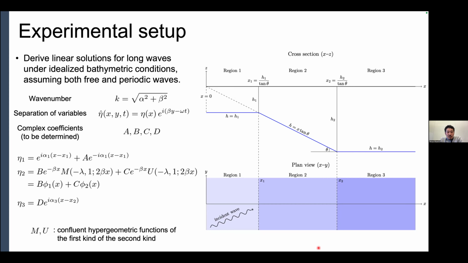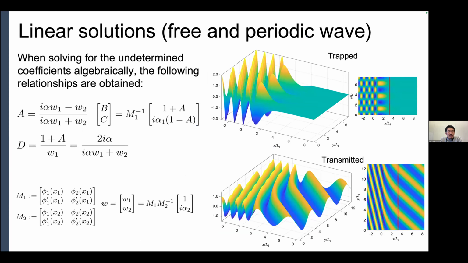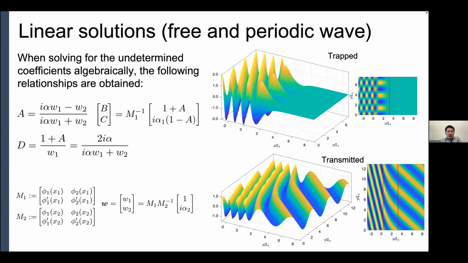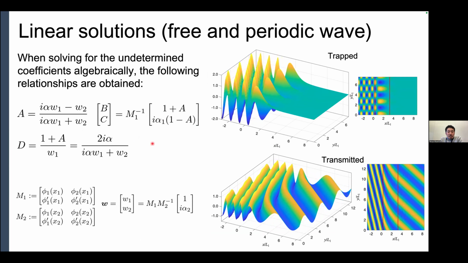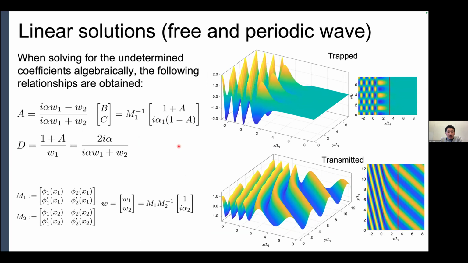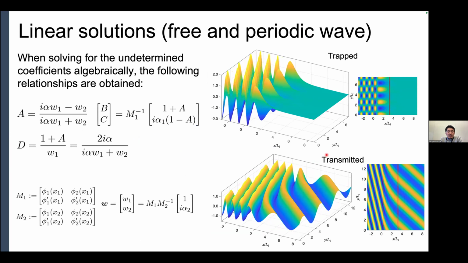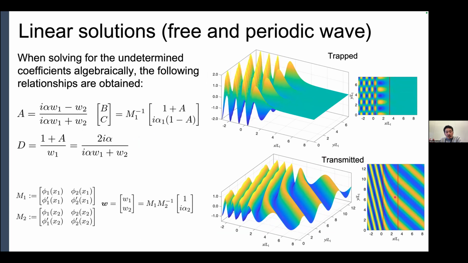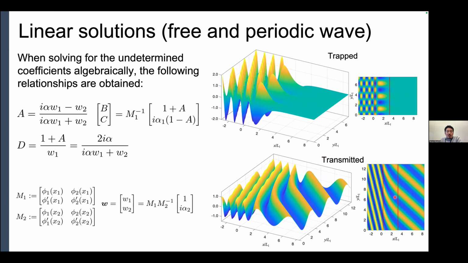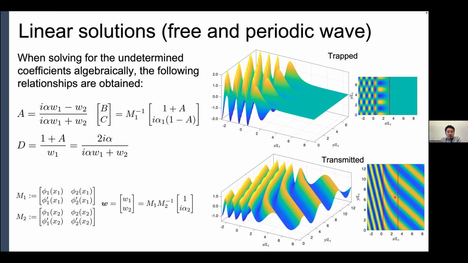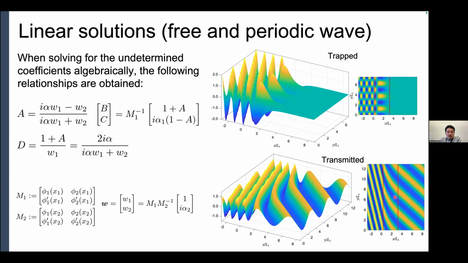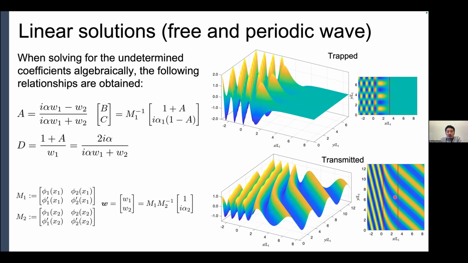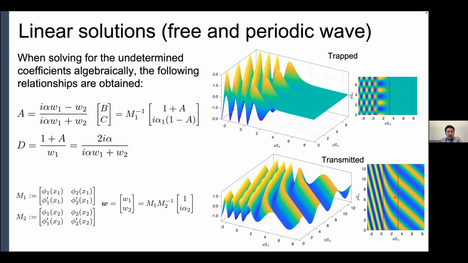Using boundary conditions, we can determine the coefficients as shown on this slide. The visualization of these solutions is shown on the right-hand side. From this, we can see that trapping characteristics depend on the direction of wave propagation. However, this result corresponds to free, periodic waves.